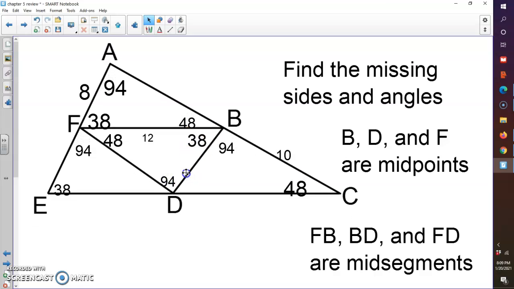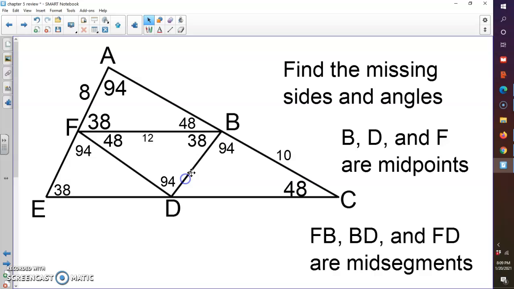And now we have alternate interior angles. So this is 38 and 38, and 48 and 48. So based on the given information, I'm able to get all my angles.